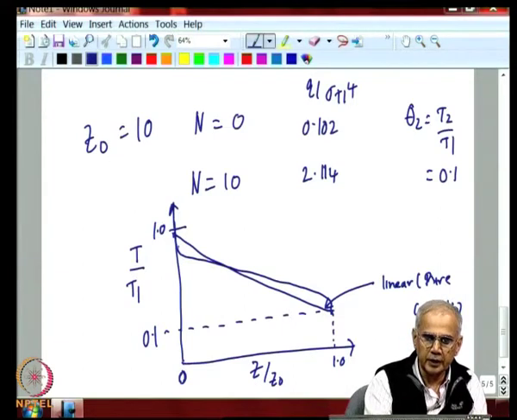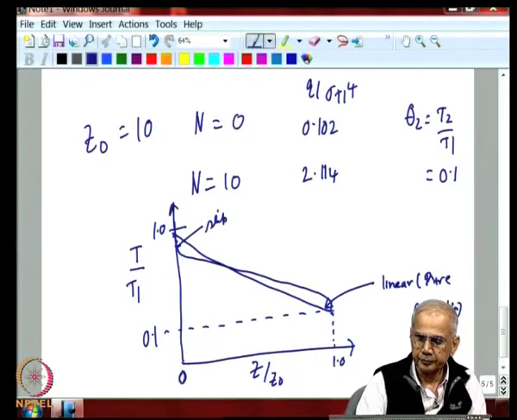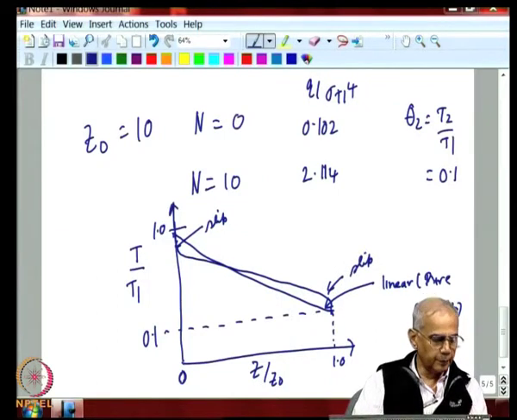So, we will have a sharp change here, which is called the slip at both walls, and it represents the fact that when there is radiation heat transfer, there is no guarantee that the temperature of the gas near the wall has to be equal to the wall temperature.